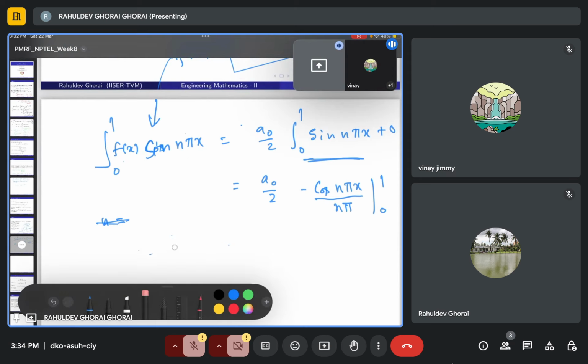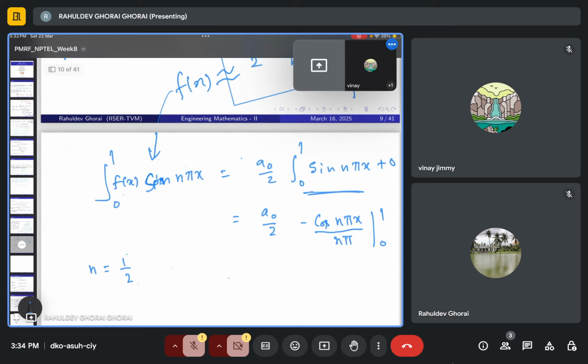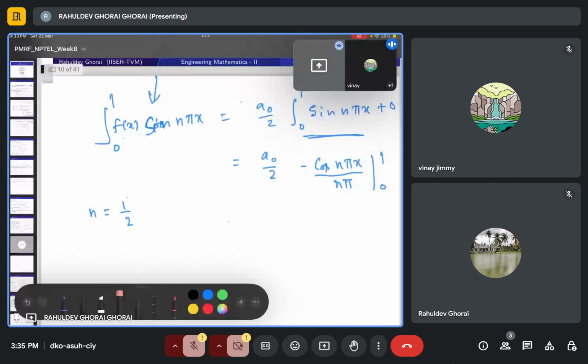So this is true for any n, right? I need to find out the value. So if we put n equal to... why is it not coming? One minute, let me do it in this way.